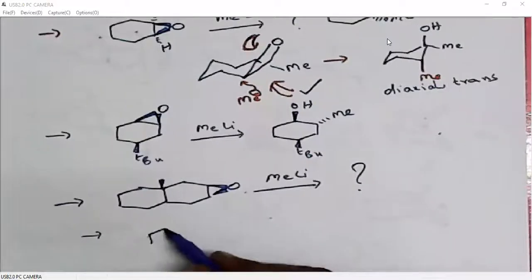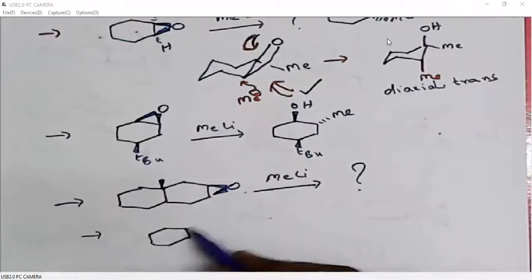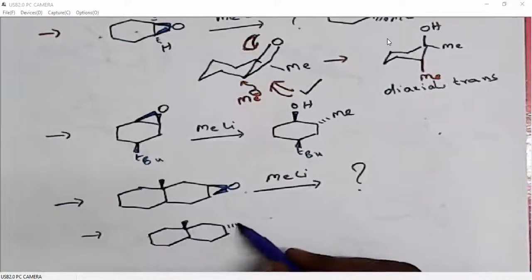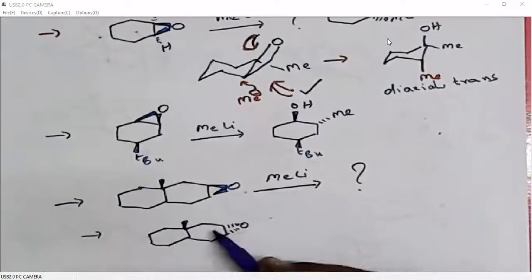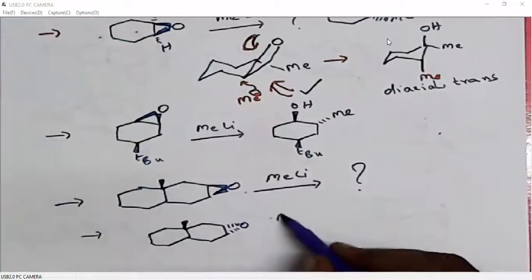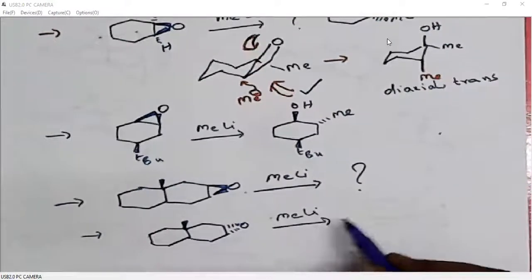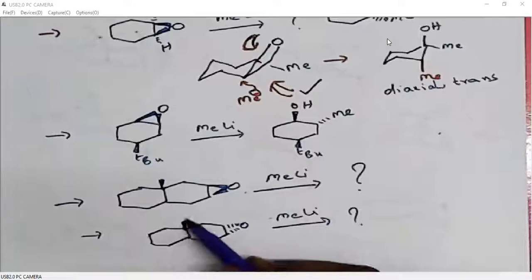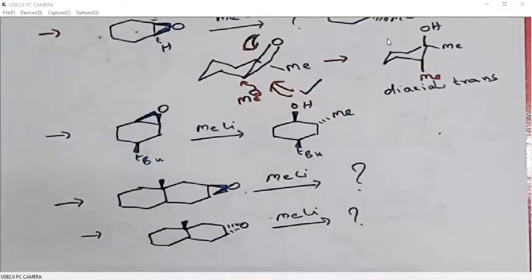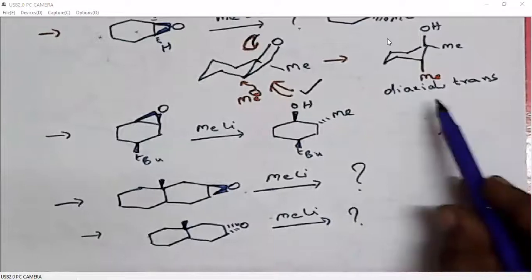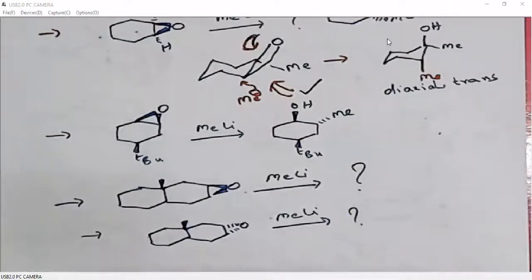Take one more practice problem. So in cyclohexane epoxide derivatives, the epoxide opening will not depend on the stereochemistry of the substituents. So substituents are not going to create any steric crowding problems. When we want to open this epoxide, it should give diaxial trans ring opening.